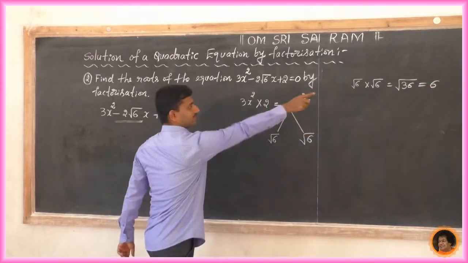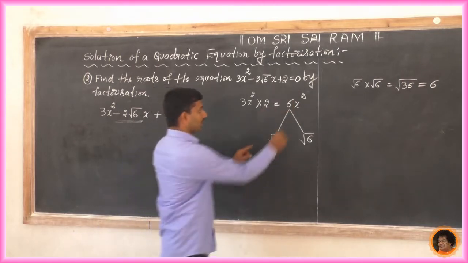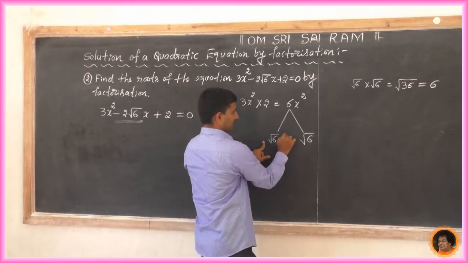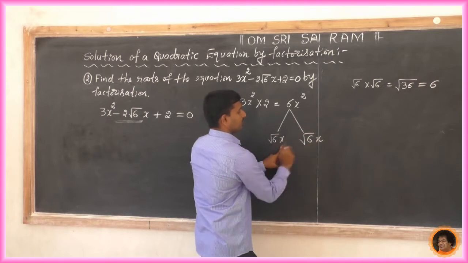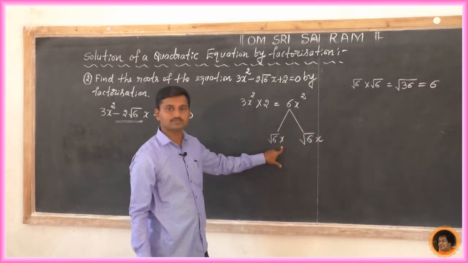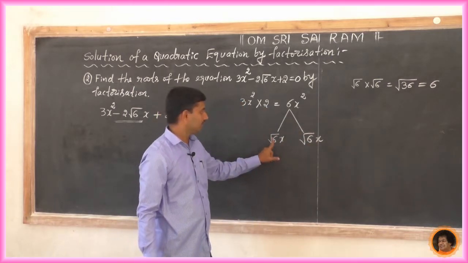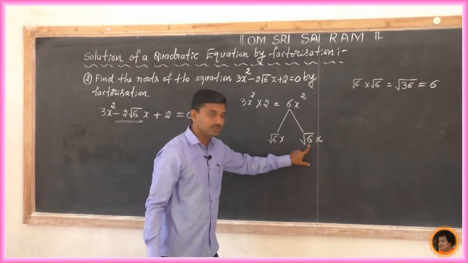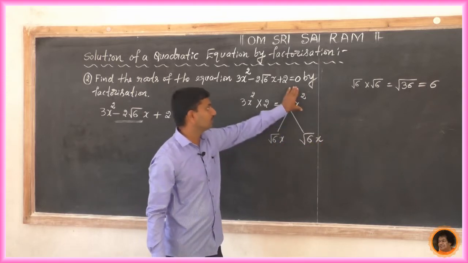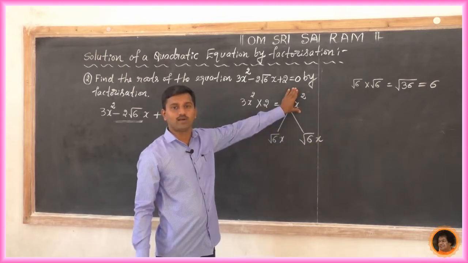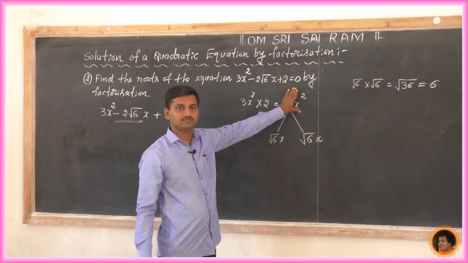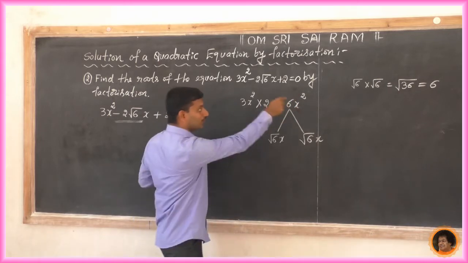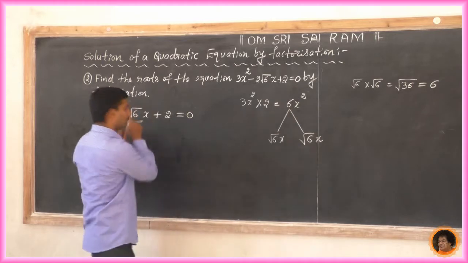So the product is 6. What about the factors of x square? x and x, x into x, that is x square. Root 6 into root 6x, so the product is 6x square. It satisfies both product as well as the sum.